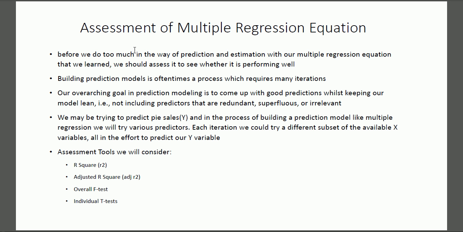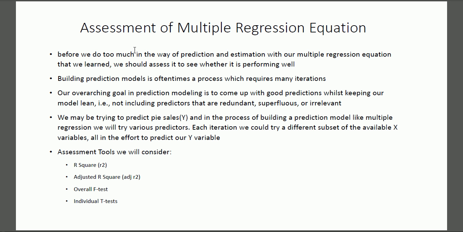So the overarching goal in prediction modeling is to come up with good predictions, obviously. But we should keep our model lean. Lean meaning don't include predictors, independent variables, that are redundant, superfluous, or irrelevant. We don't want to include, for example, two variables that give us the same information about our y variable.